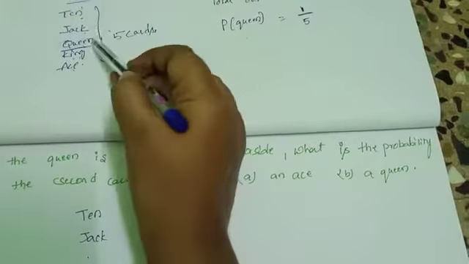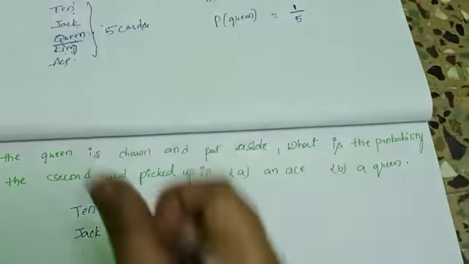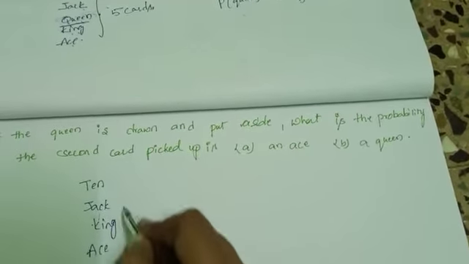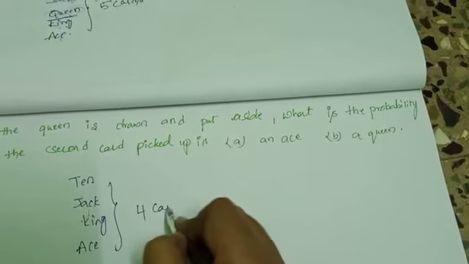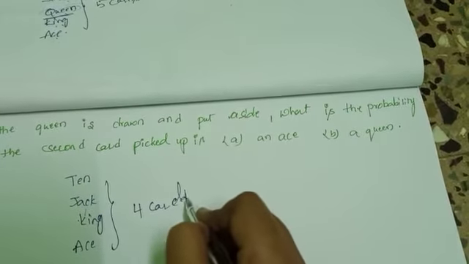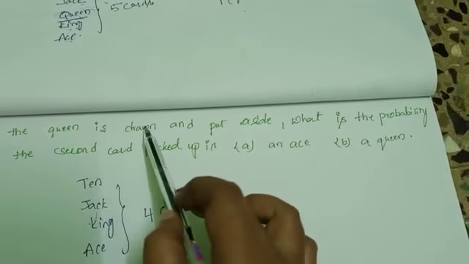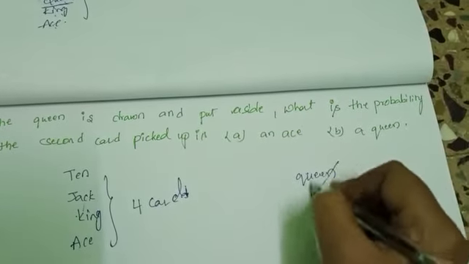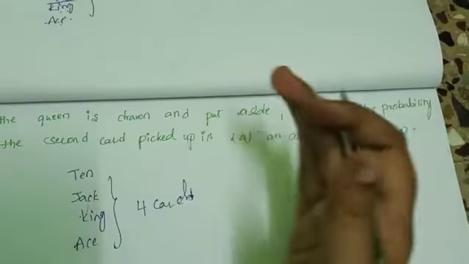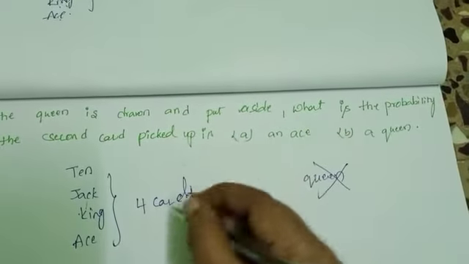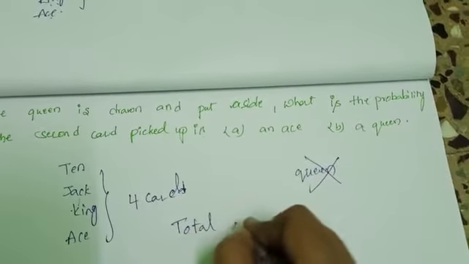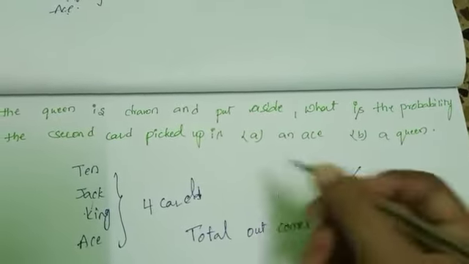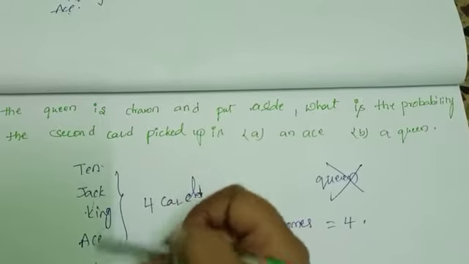There is no Queen in these cards. Total cards are 4. We have already drawn the Queen and put it aside. So total outcomes are 4.